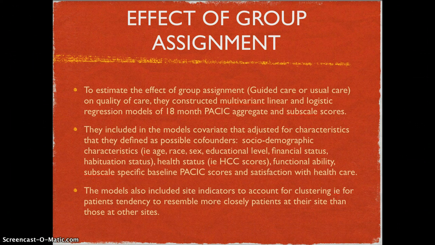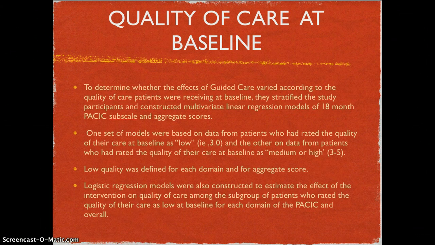So these they considered possible covariates, and they wanted to be able to take a look at those even though the subjects were randomly assigned. And the model also included site indicators to account for clustering, for example, patients' tendency to resemble more closely patients at their site compared to other sites.